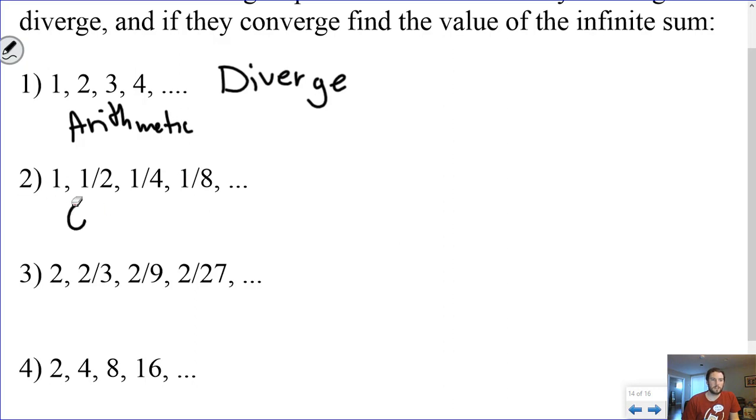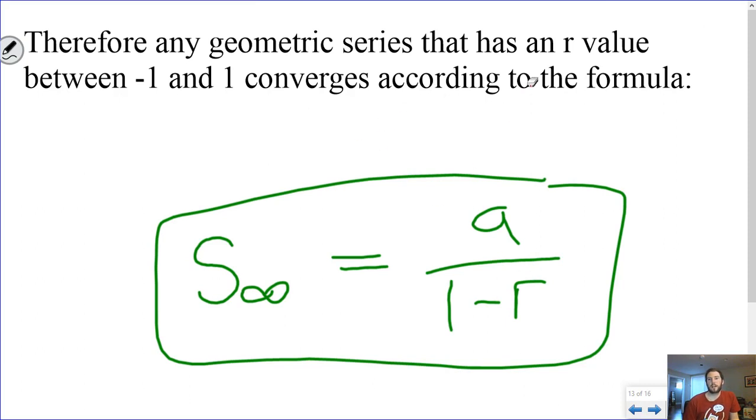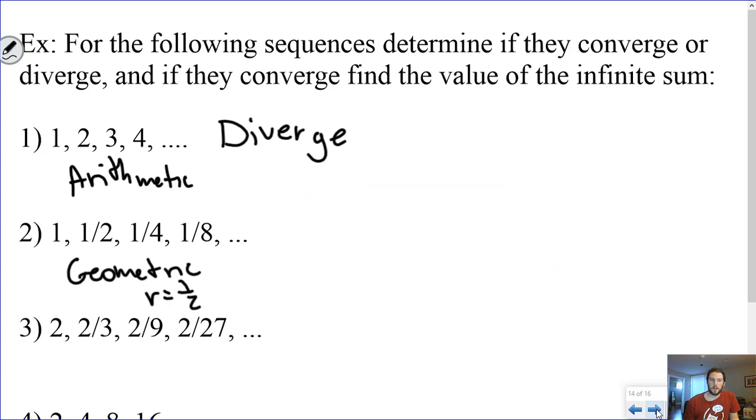This is a geometric series where my r value is 1/2. So right there, it meets my criteria. It is a geometric series that has an r value between -1 and 1. So now I can use my formula.